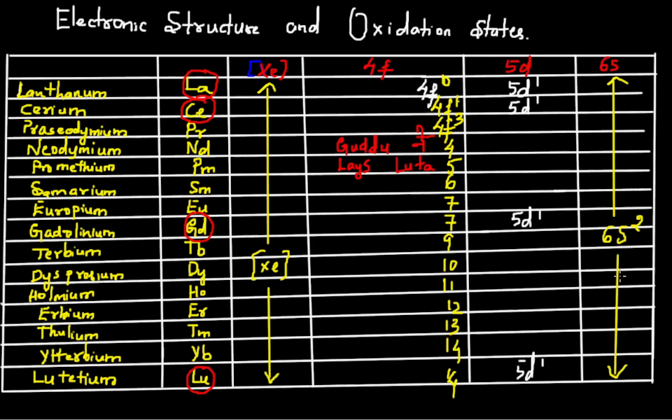Good. Among lanthanides, the sum of the first three ionization energies for each element is very, very less. So which means the plus 3 oxidation state is ionic, is trivalent, and is the most common oxidation state among lanthanides. So take that point.